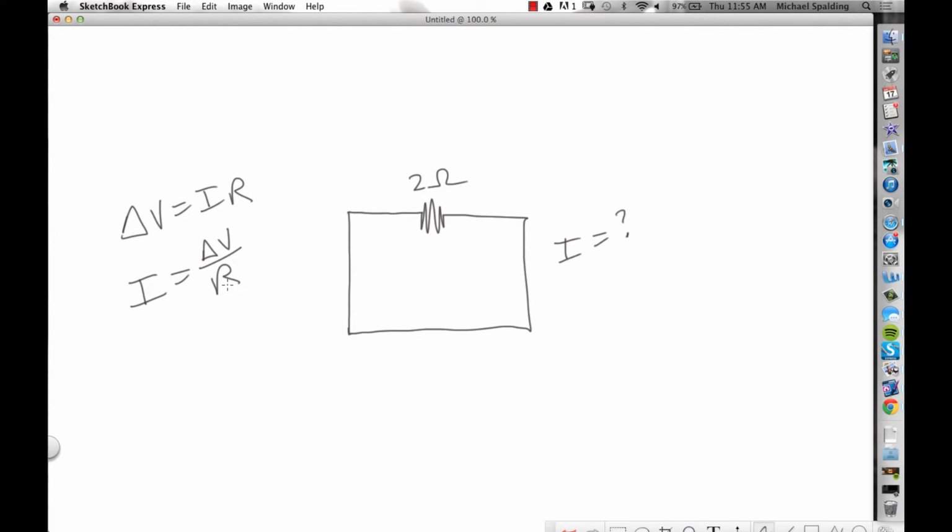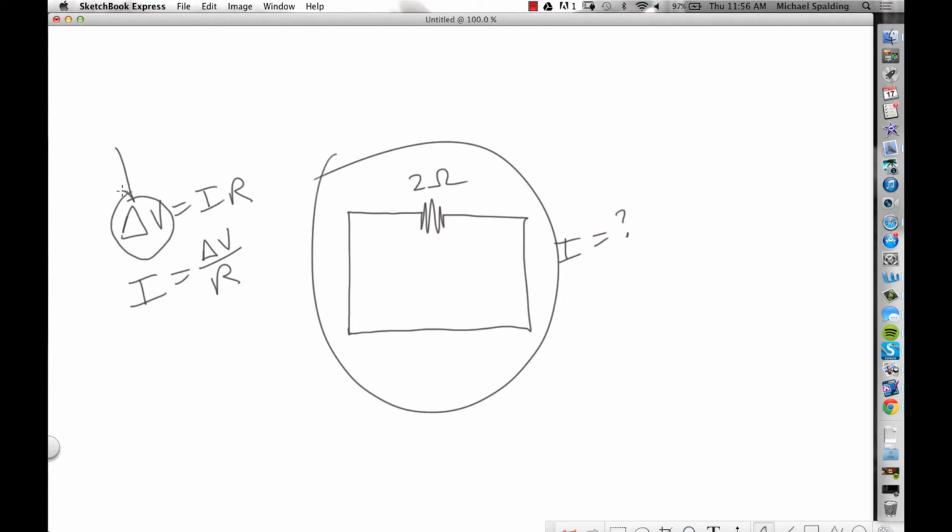So what we're going to learn in this chapter is that it's possible to generate what we call an induced voltage in a circuit like this that has no battery of its own. Okay? Before I go any further, in this chapter, instead of delta V, they use the symbol E for voltage.